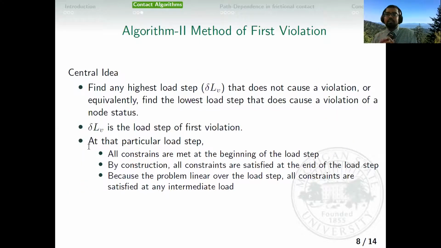The central idea of this algorithm is to find the highest load step that does not cause a violation, or equivalently find the lowest load step that causes a violation of a node status. That load step we call the first violation load step, and at that particular load step, all equality and inequality constraints are satisfied at the beginning of the load step, and also at the end of the load step. And because the problem is linear, it is also satisfied during the loading.